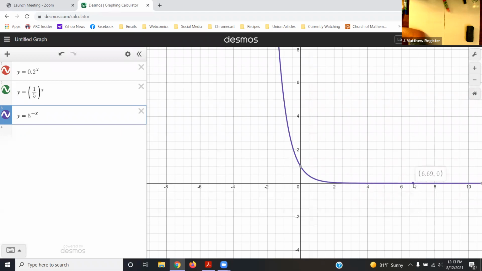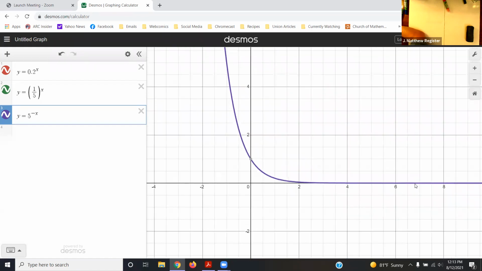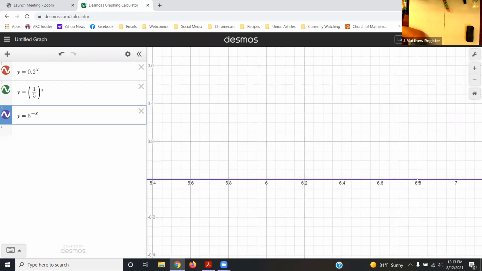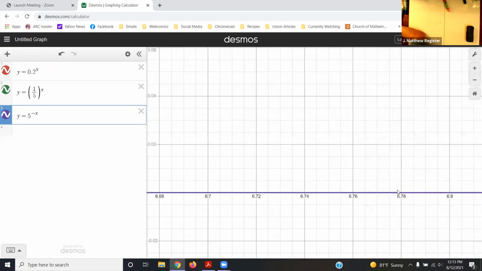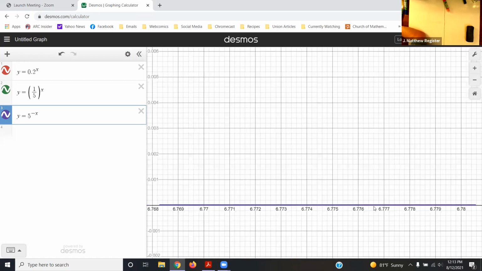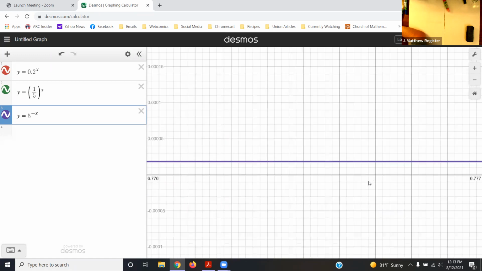And while you see 0 in this, the 6.78 comma 0, that's really just because that's as close an approximation as Desmos can get. If we try to zoom in as close as we want here, eventually we'll see that there is a difference between them. But boy, do we have to get close.